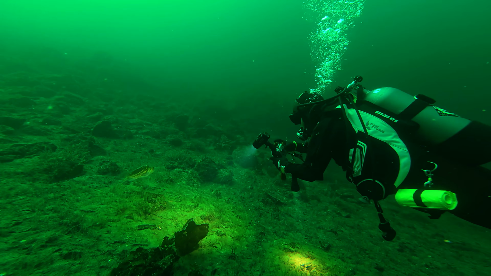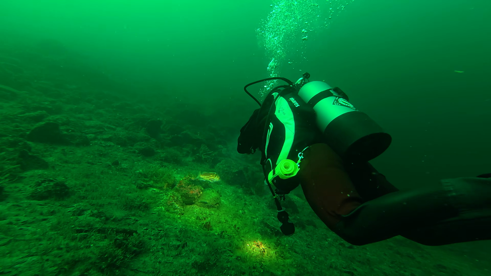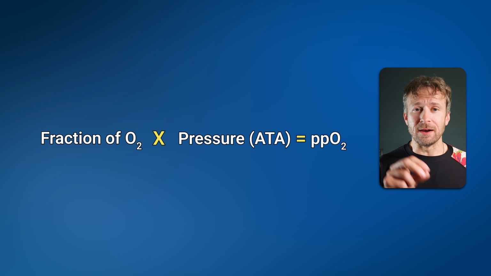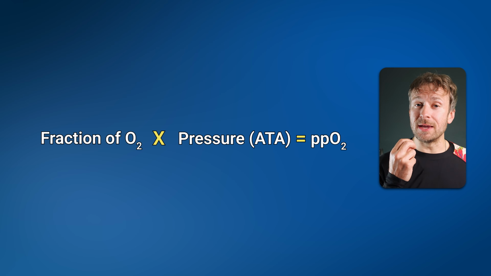So each breath you take contains more gas, based on the atmospheres you're under. Effectively, each breath contains more oxygen molecules and more nitrogen molecules than at the surface. That is why you multiply the oxygen fraction by the number of atmospheres you are under to get your PPO2.